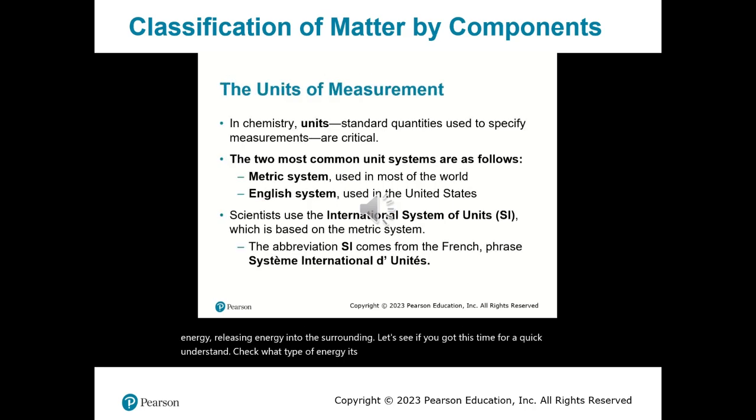Another very important thing here is the units of measurement. We have the number and you have the units. In chemistry, in science in general, you cannot accept naked numbers. It's really important. Let me see how I could show you the importance without talking about science.